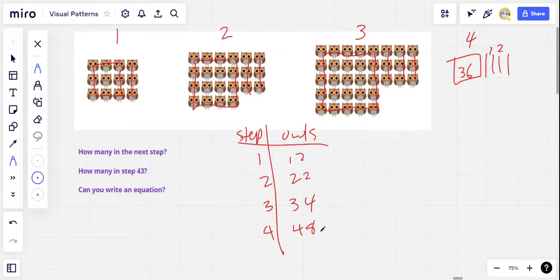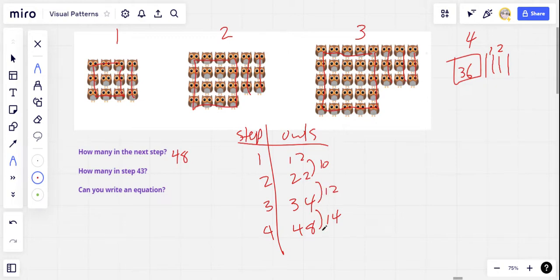Okay. So now that I've got the numbers here, actually we have predicted step 4, so let me jot that down here. I'm thinking it's going to be 48. Let's go ahead and take the differences in each step. So 22 minus 12, that's 10. 34 minus 22 is 12, and 48 minus 34 is 14. So we're not getting a constant number in our differences, which means it's not linear.